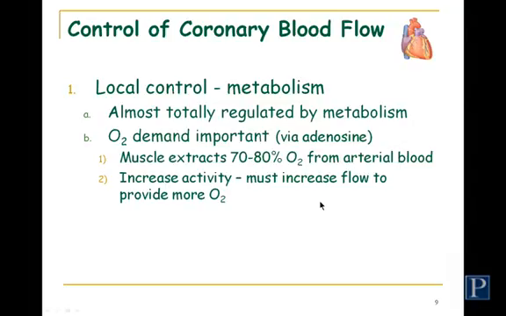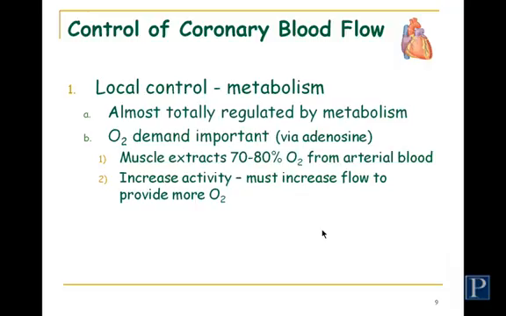Now, one thing to keep in mind is the cardiac muscle extracts a lot of oxygen from blood the first time around. Unlike most other tissues, the cardiac muscle automatically extracts a lot of oxygen already from arterial blood. So the only way that you're going to be able to increase oxygen delivery to the heart is to increase blood flow.